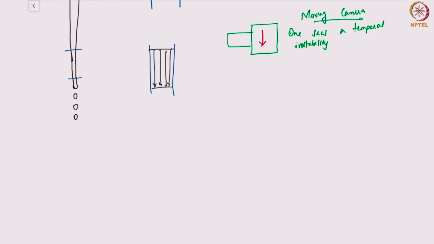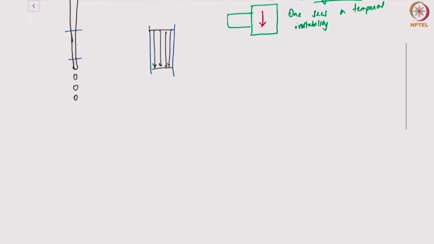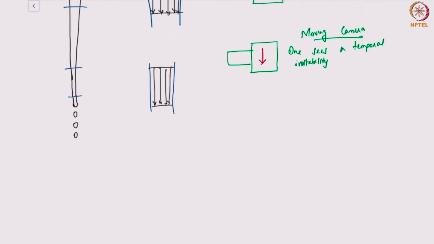Now, the next thing is, if the jet is not varying too rapidly, then for large portions of the jet, you can assume that the radius of the jet is nearly constant. And if the radius of the jet is nearly constant, the velocity is also constant. Because if you remember, in the shape of the jet analysis, we found that the radius of the jet and the velocity of the jet are directly related, and the relation was obtained just from mass balance.